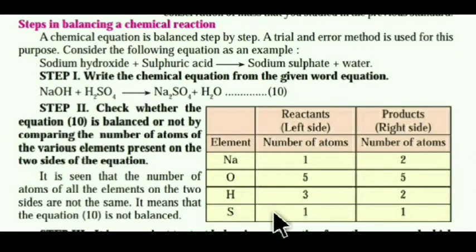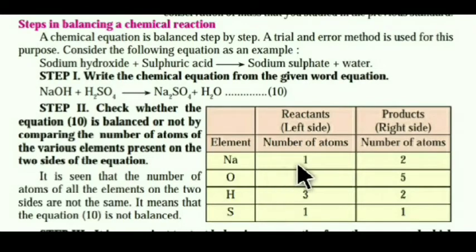So let's see, they are given to us in the table. The elements present in the reaction are sodium, oxygen, hydrogen and sulfur. Let's see the number of atoms on the left side, the reactants.